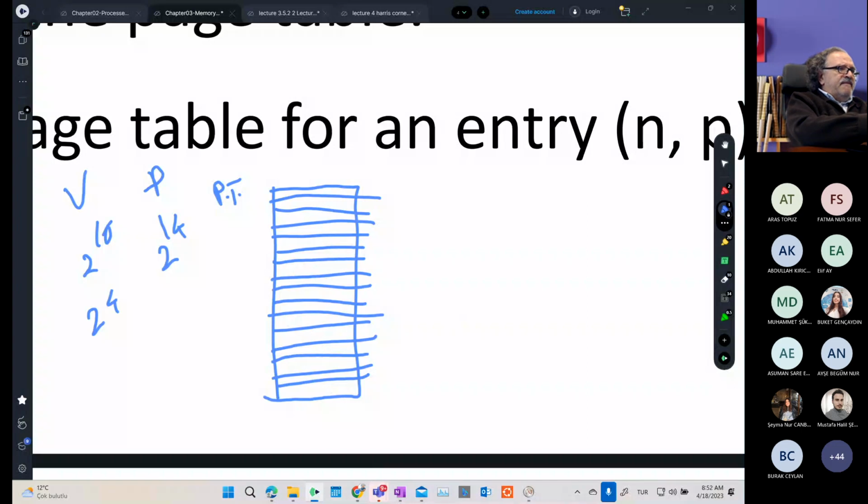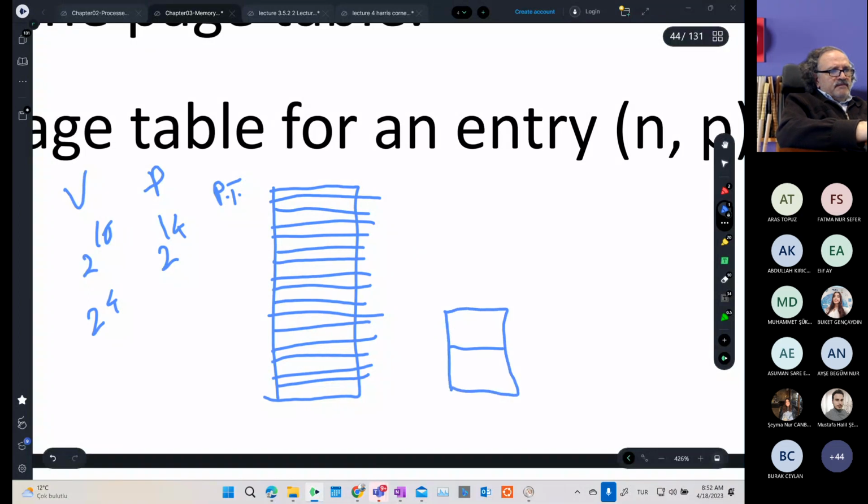It's going to be 2 to the 2, right? It's going to be just 4, like this. This is my physical memory. Very, very limited physical memory.